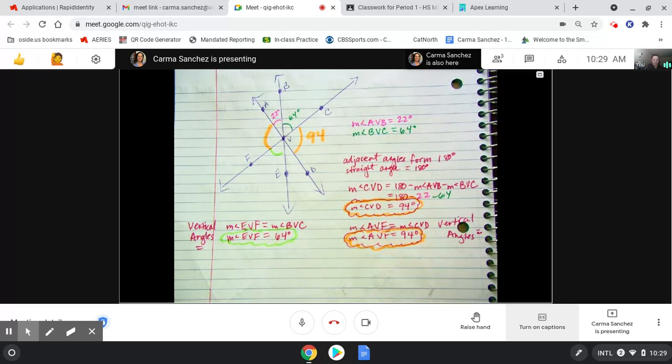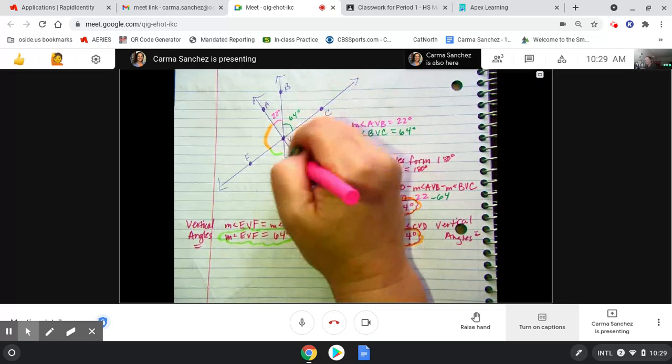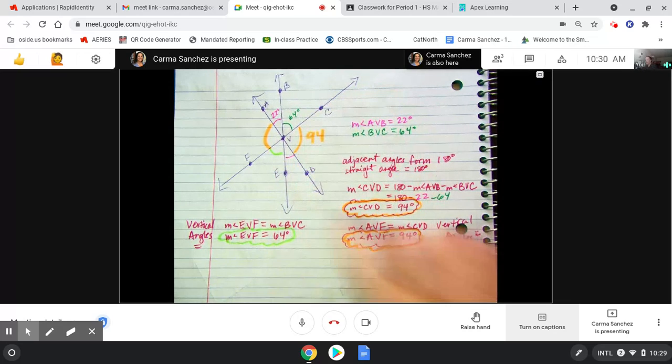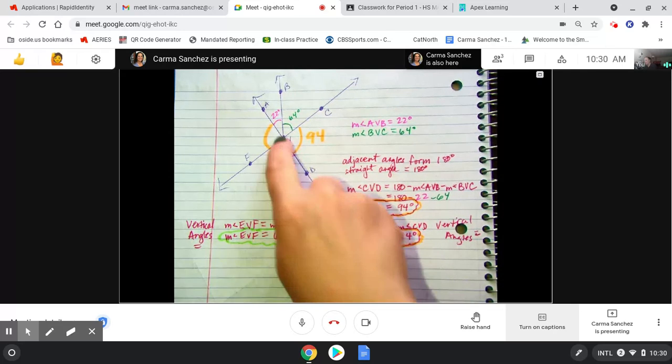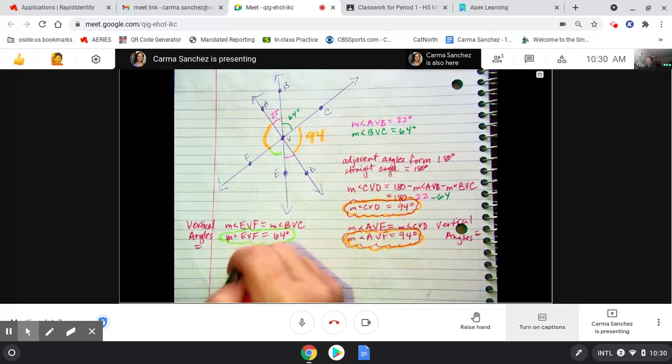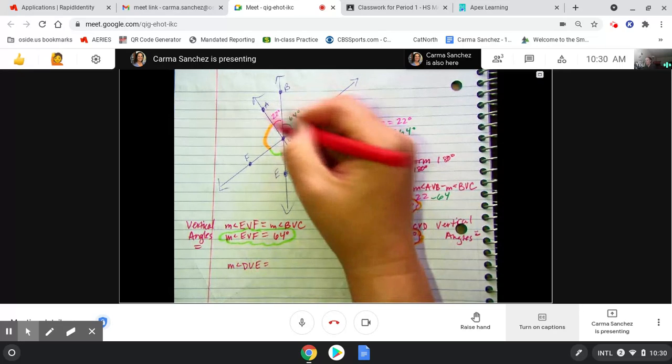All right, last, we're going to do the final angle. Do I have my pink highlighter? I don't, so I guess I'll use a pink pen. We're going for this guy here, and we can see that it's a vertical angle. So the measure of angle DVE is equal to the measure of AVB.